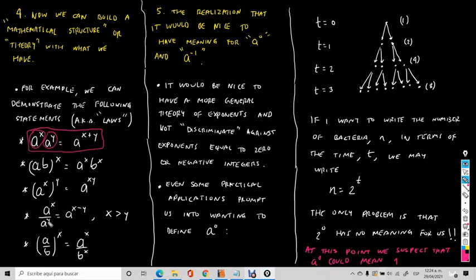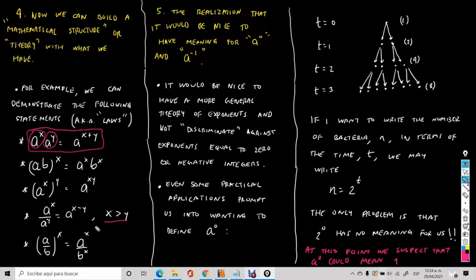In this law, nevertheless, we need to make a restriction, right? A to the x over a to the y is equal to a to the x minus y, but as long as x is greater than y. Because if that's not the case, in here we can encounter, once again, 0 or negative integers, and we don't want that, because at this point that is meaningless.